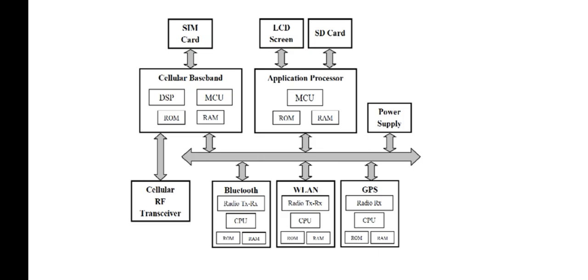They require some devices like DSP, MCU, and memory units like ROM, RAM. The SD card is an internal storage for the mobile, so it uses the internal RAM and ROM of your mobile device.